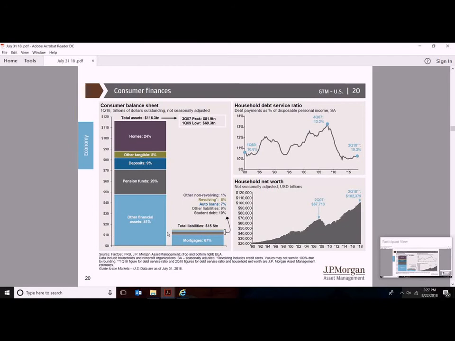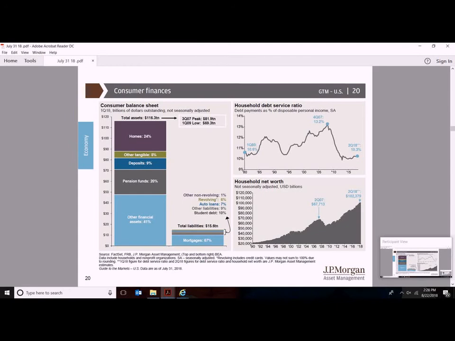At the height of the pre-recession, the fourth quarter of 2007, the household debt service ratio on average for the consumer was 13.2%. That was the highest that it's ever been going back to the 80s. Since then, obviously, with deleveraging and the markets coming down, it's a much more manageable household debt service ratio, and it's down to 10.3.